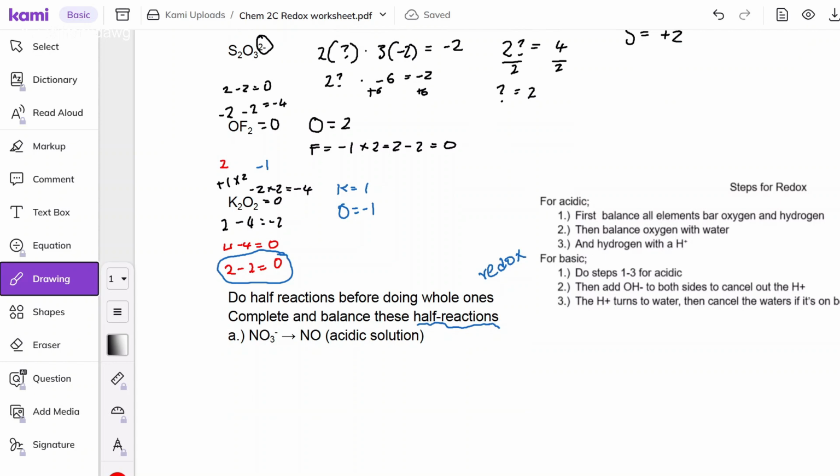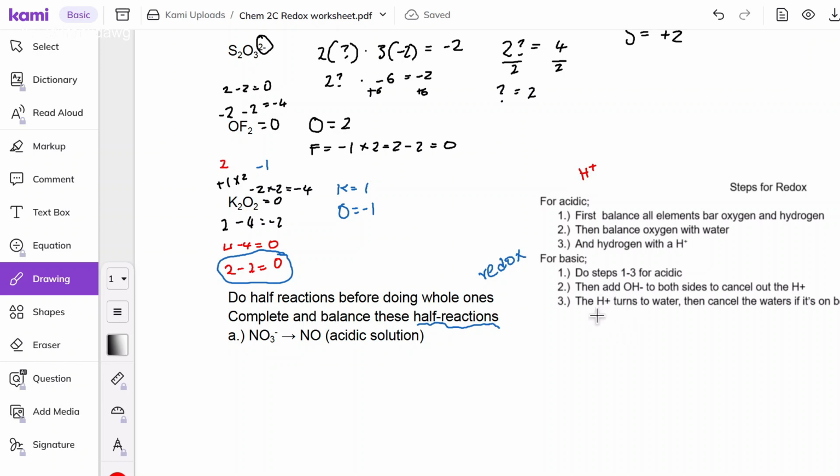But I'm going to give the rules for doing redox reactions. Right here, these are the steps for doing a redox reaction. So for redox reactions, including half reactions, there are two ways. It could be acidic or it could be basic. Acidic means that you can leave the final answer with H pluses in it, because in acidic solutions you have H pluses, but in basic solutions you don't really have H pluses because H plus is inherently acidic.